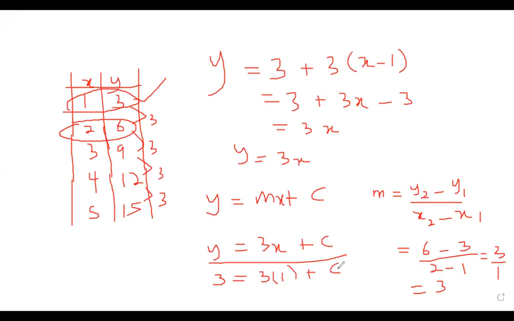So we get 3 equals 3 plus c. Moving 3 to the other side will give us a negative, so minus 3 plus 3 is equal to c, which implies that c equals 0.